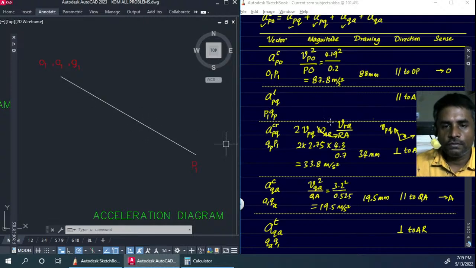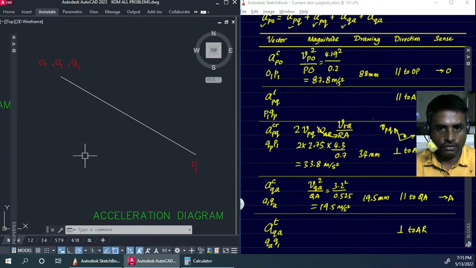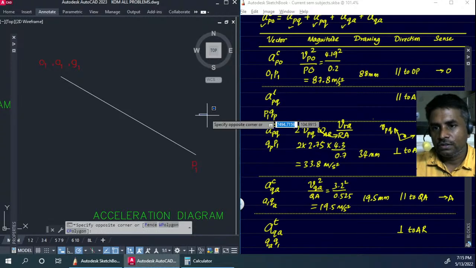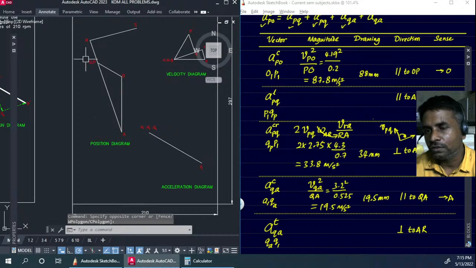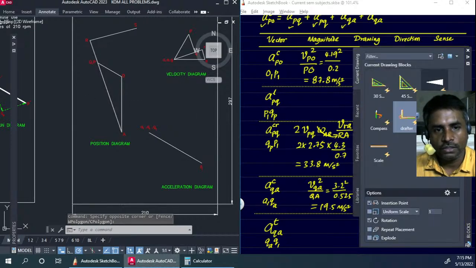Now we'll have to see if we are able to draw any other accelerations according to this. So next, from P1 we'll have to go to a temporary point Q subscript P by drawing a parallel line to AQ. AQ is located over here, so we'll have to draw a parallel line to that.